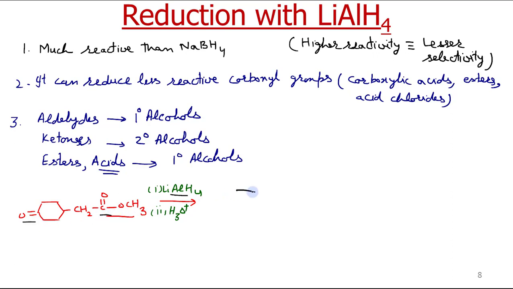So the product will be OH. This is a ketone, it will be reduced to a secondary alcohol, CH2. This ester will be reduced to CH2 CH2 OH.